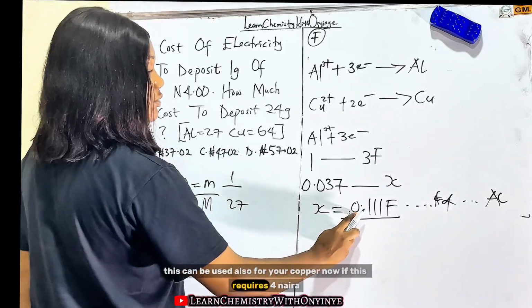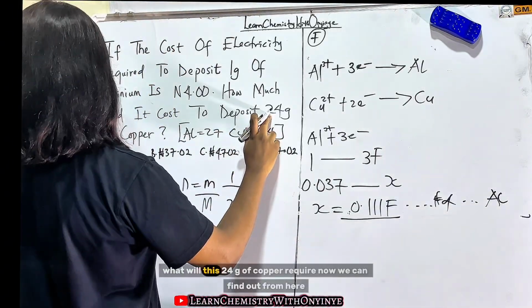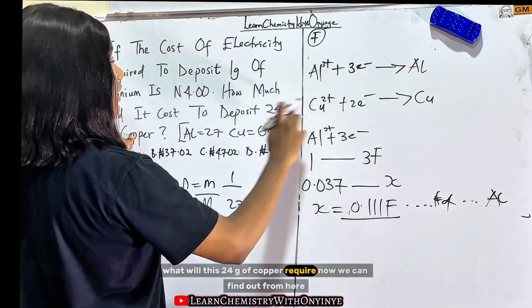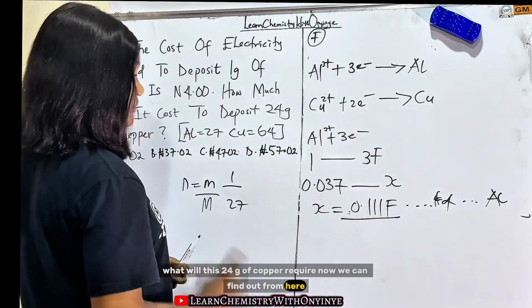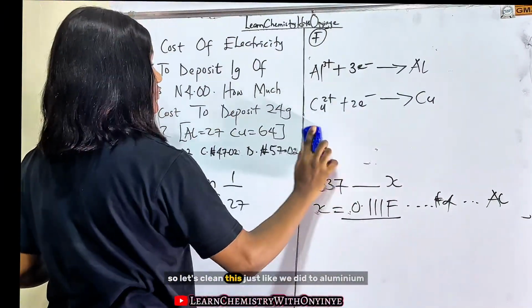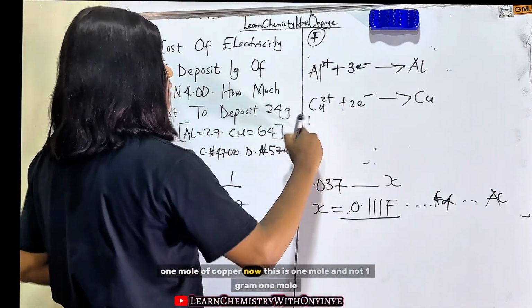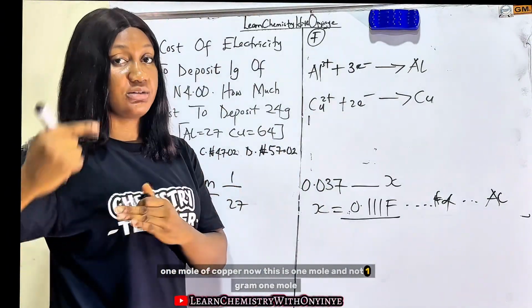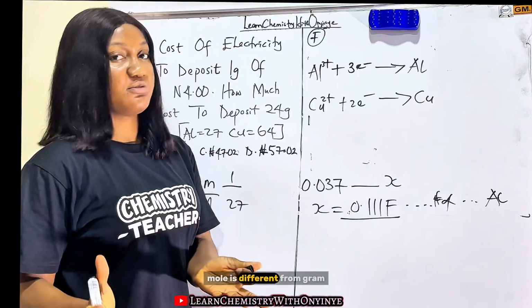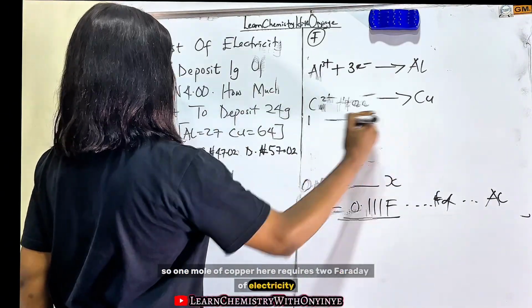Now, if this requires 4 naira, what will this 24 gram of copper require? Now we can find that from here. So let's clean this. Just like we did to aluminium, 1 mole of copper. Now this is 1 mole and not 1 gram. Mole is different from gram. So 1 mole of copper here requires 2 Faraday of electricity.